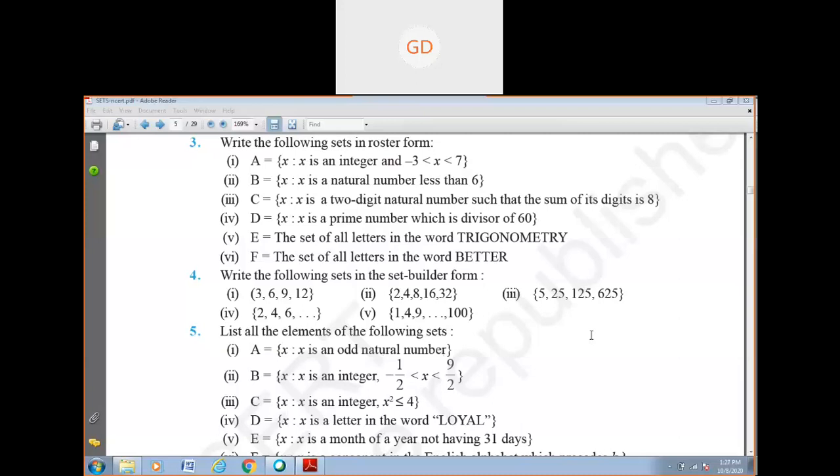So to write in set builder form, you can write x such that x is equal to n square, where n is equal to 1, 2, 3, and so on up to 10.